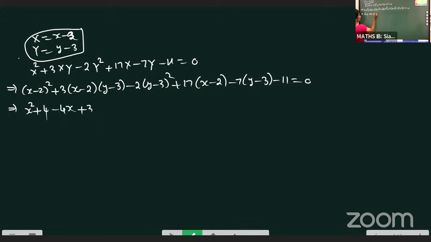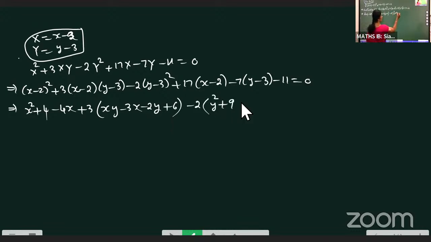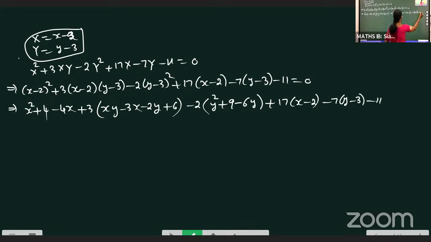Keep 3 as it is, multiply both of them: xy, minus 3x, minus 2y, plus 6. Minus 2 into, expand a minus b whole square again: y square plus 9, minus 6y, plus 17 into x minus 2, minus 7 into y minus 3, minus 11 is equal to 0.